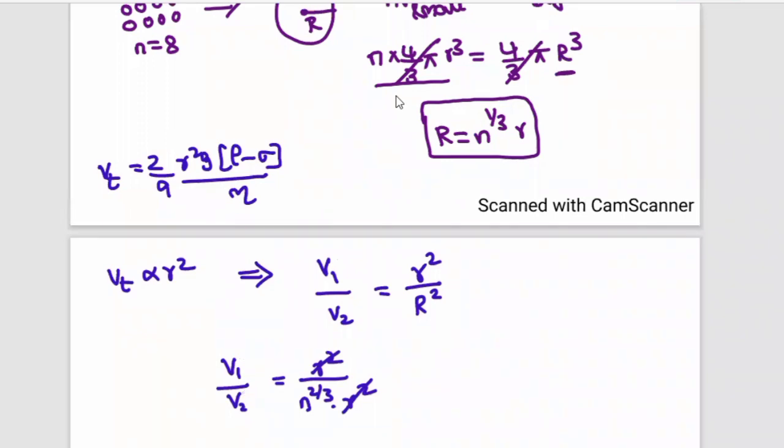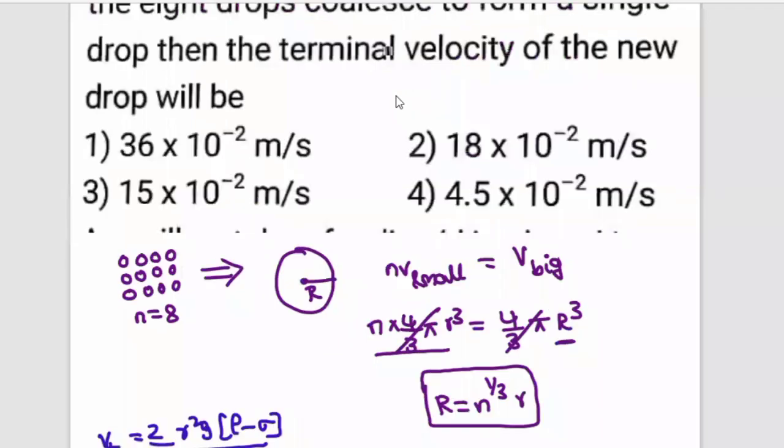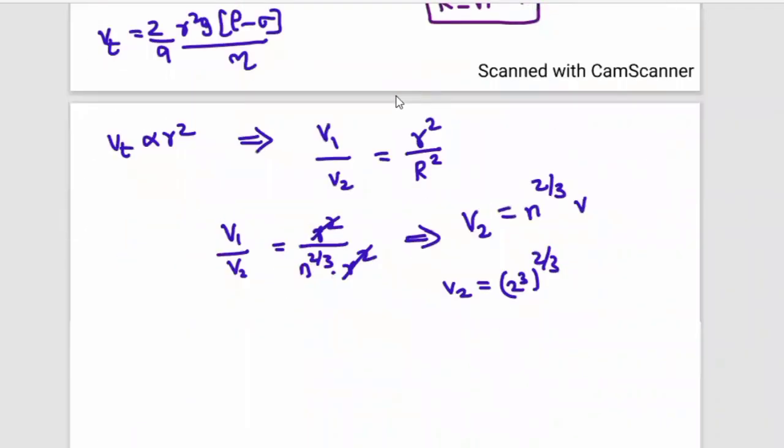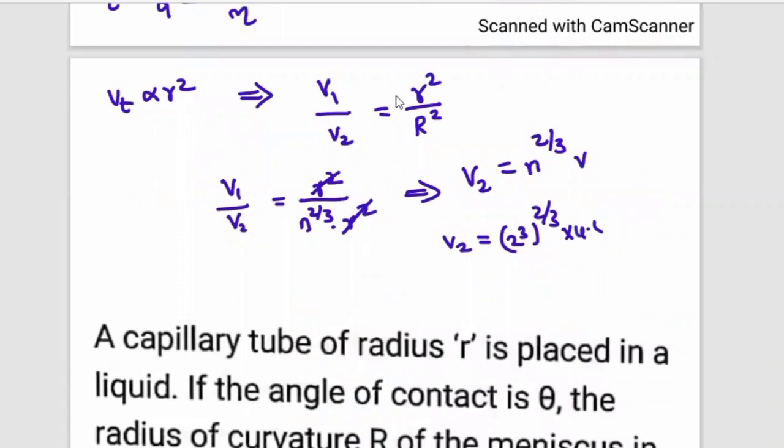So v2, the terminal velocity of the big drop, is equal to n power of 2/3 times the small terminal velocity. We take v2 is equal to n, the value given, 8, which is 2 power of 3, whole power of 2 by 3, into velocity v. In the problem the velocity is given as 4.5 centimeter per second.